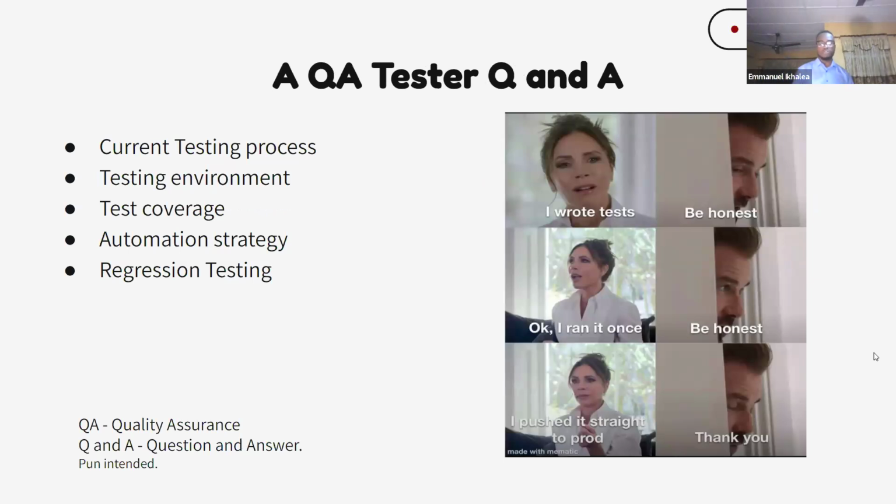So before Joe provides any solution, there are some questions he needs to ask the testing team for the company. First of all, he asks them about their current testing process, the test coverage for their application, their strategy for regression testing, and their current system for automation testing.